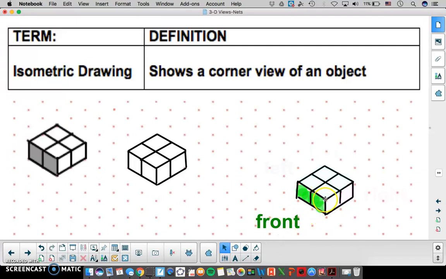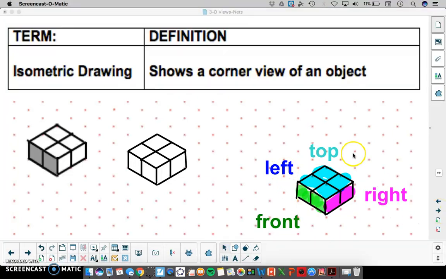When we take a look at this corner, if this green is the front, that means that this side over here is the right side of that object. These 4 shapes on top are going to be the top of our figure. And then behind the object, where we can't really see, is going to be the left side of that figure.